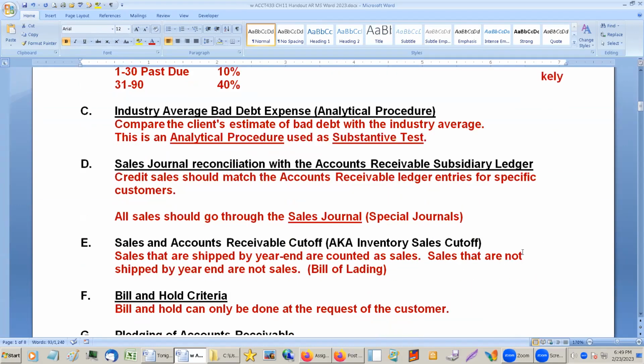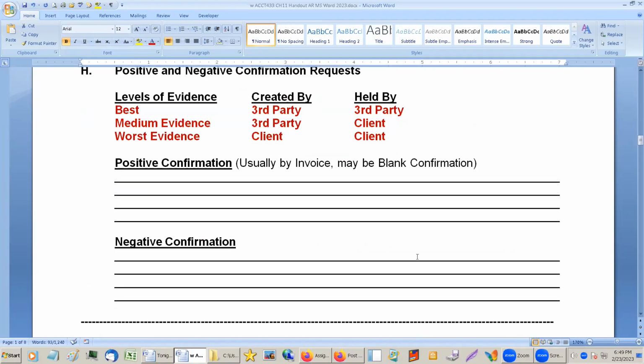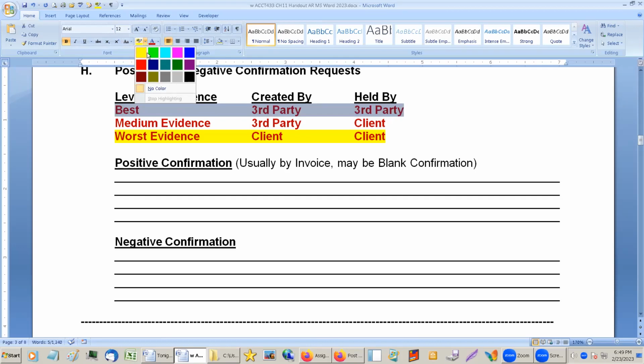So this is where you're sitting for all that evidence. What you want to try doing is moving it up. How do you take this evidence that you can't really rely on and move it up the ladder? Get it to medium or even get it to best. Ideally you'd want to get it up to here, the best evidence.